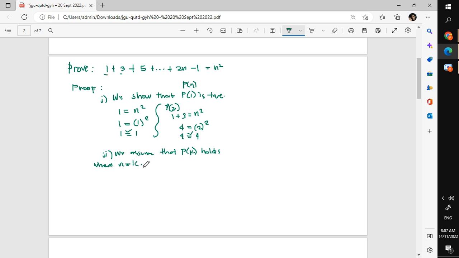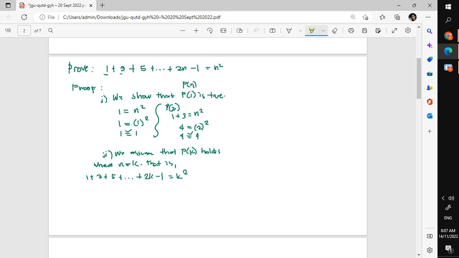If n is equal to k, that means all the variables n in here will be changed into the variable k. This gives us 1 plus 3 plus 5 plus dot dot dot plus 2k minus 1 is equal to k squared.